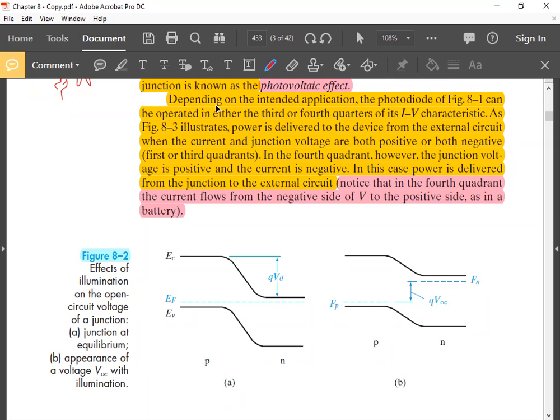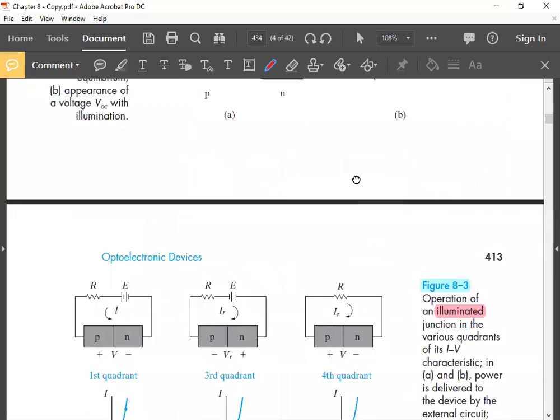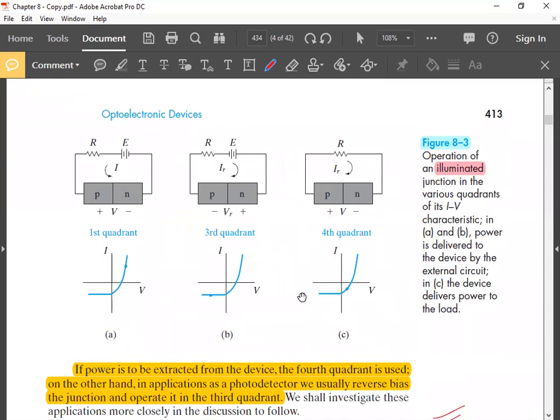Now this figure shows the different intended applications. Remember, in the IV characteristic, there is no point in the second quadrant. In all these figures, these three junctions are illuminated junctions, so the regular IV characteristics of a diode has been downshifted by some amount in all three cases.